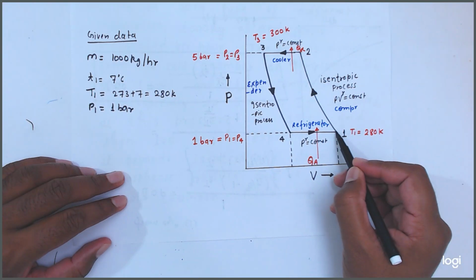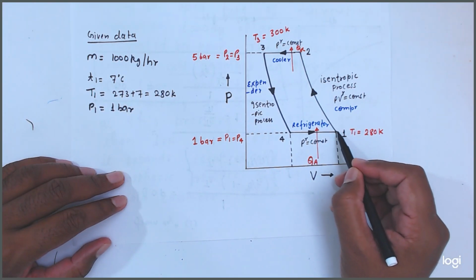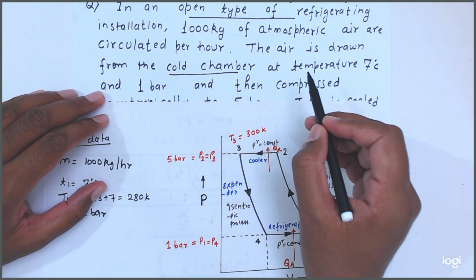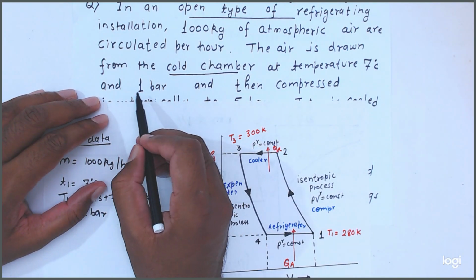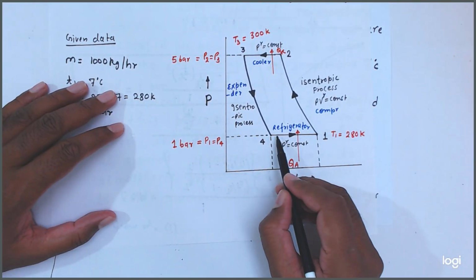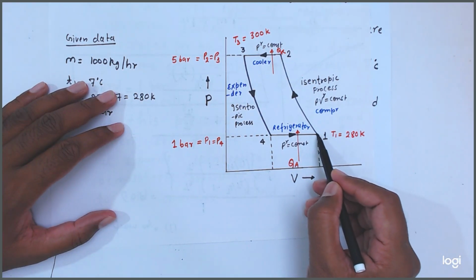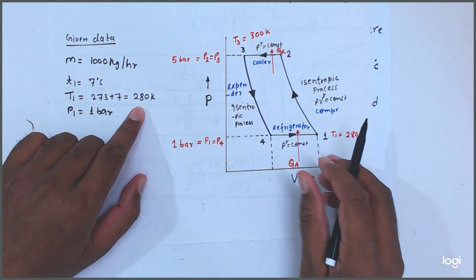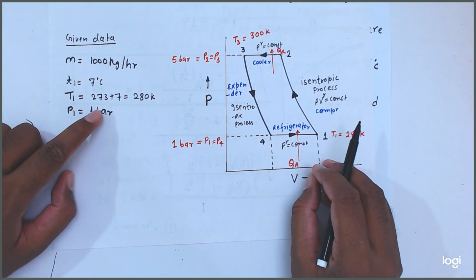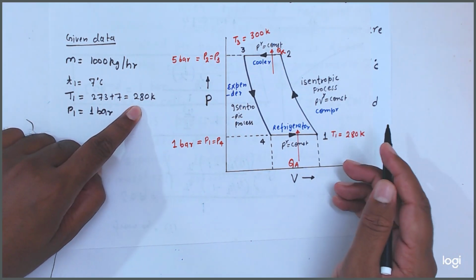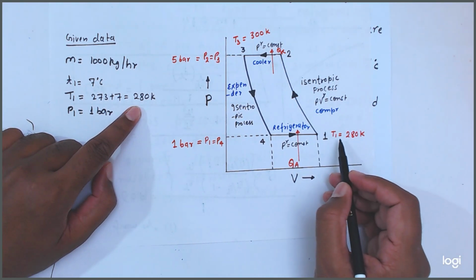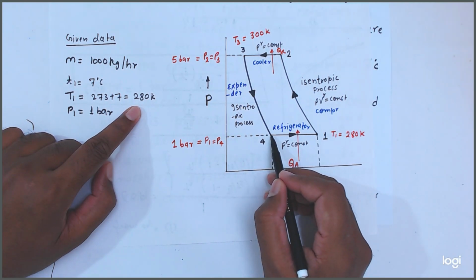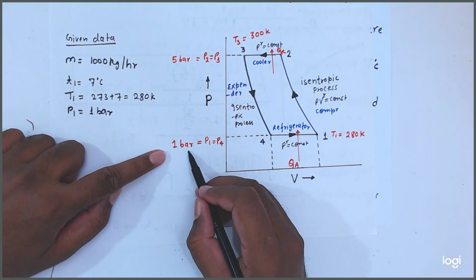So at the end of this process, the air is drawn from the cold chamber at temperature 7 degrees centigrade and pressure 1 bar. At this point, temperature is equal to 280 Kelvin. We will convert the temperature into Kelvin. Getting friends? Then this pressure, P1 equal to P4 pressure is equal to 1 bar.